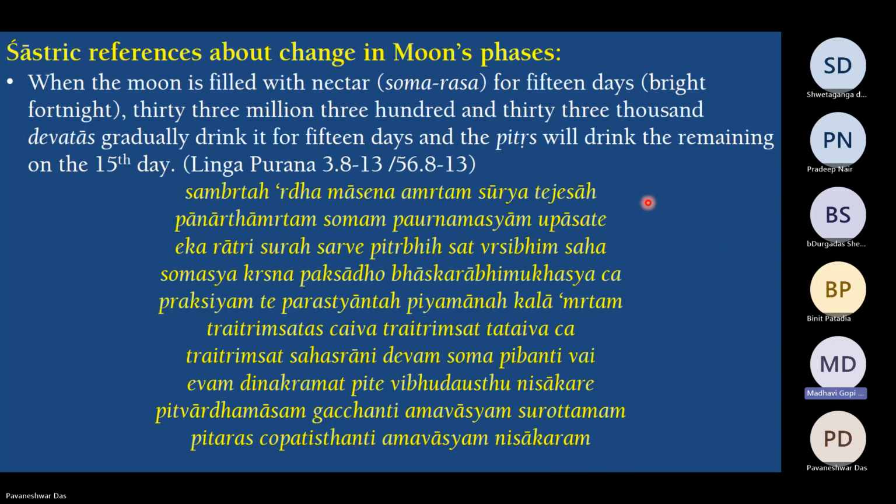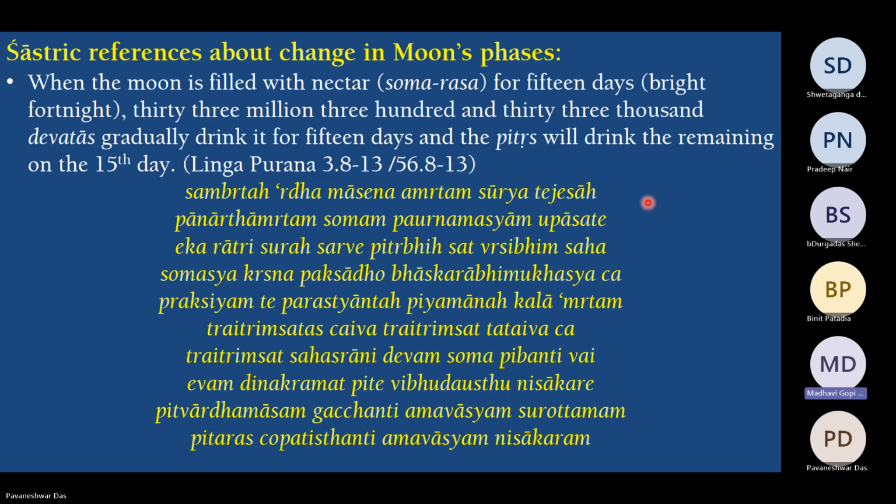Hare Krishna, Prabhuji. You mentioned that the moon is 30,000 yojanas away and the sun is 12 million yojanas away. So we are counting the distance from the earth, na Prabhuji?